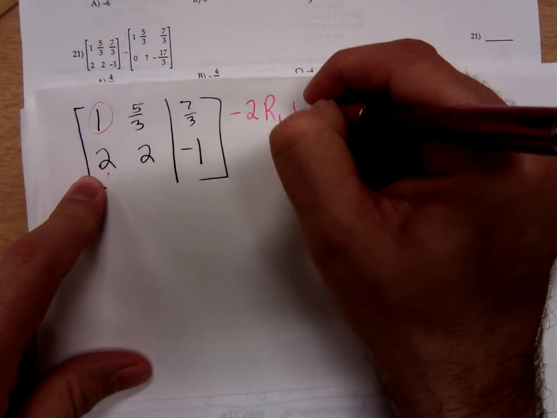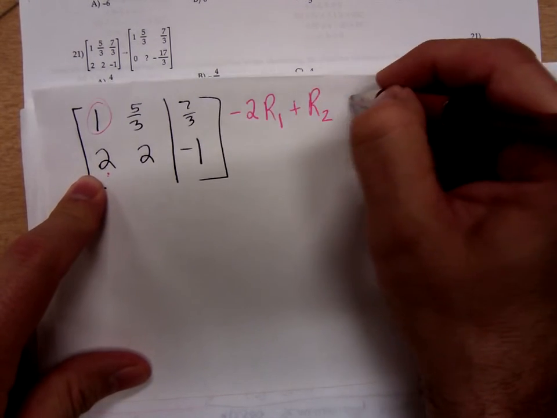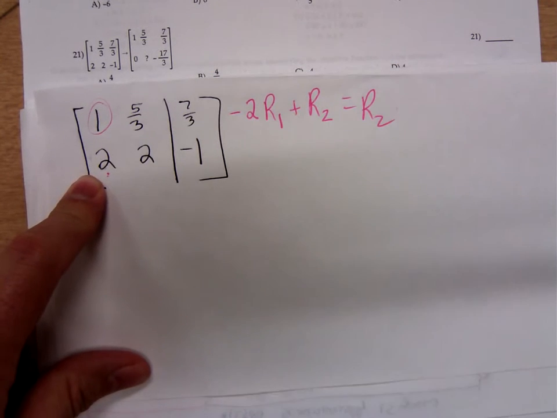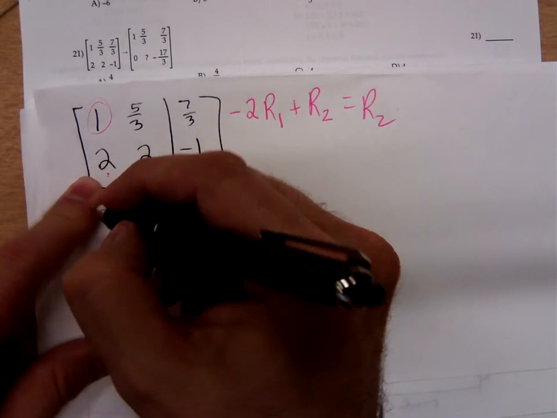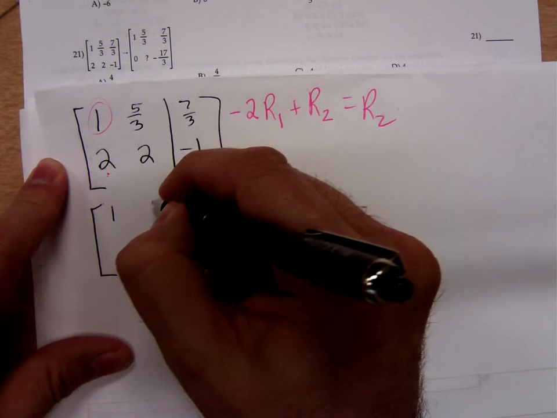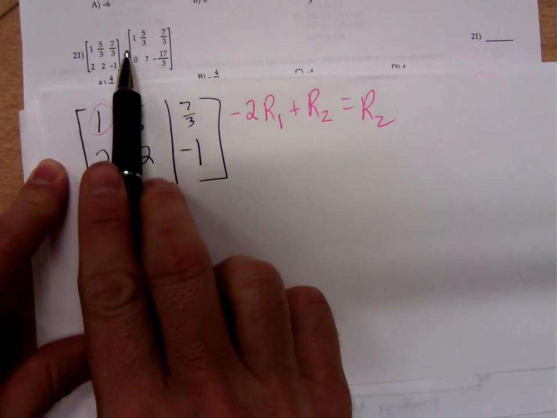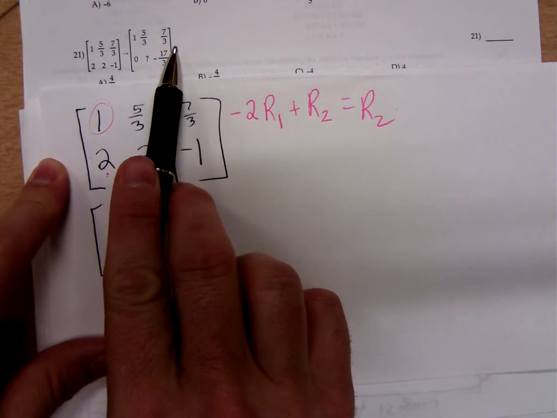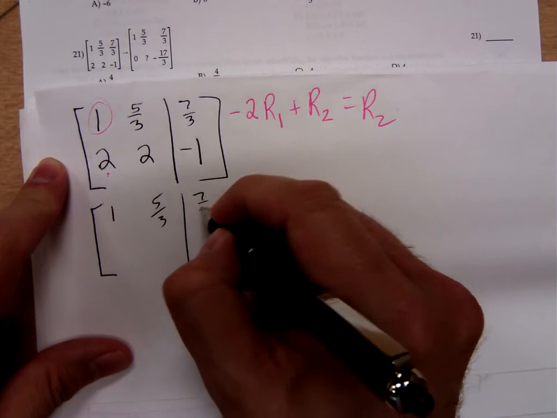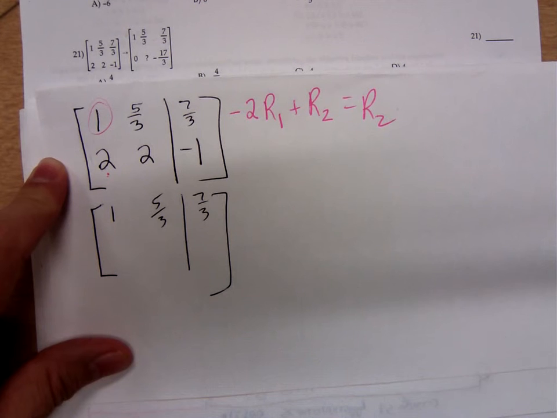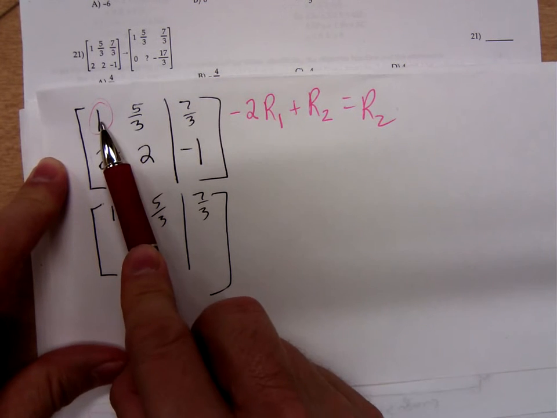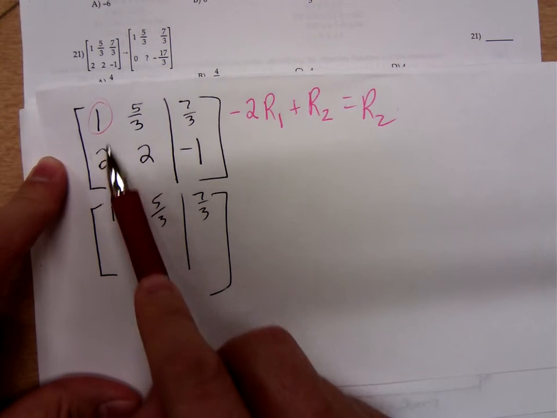Then plus row 2 is a new row 2. So we're keeping row 1 as it is. And that's what it looks like right here. Row 1 stays the same. Negative 2 times 1 is negative 2 plus 2 is 0.